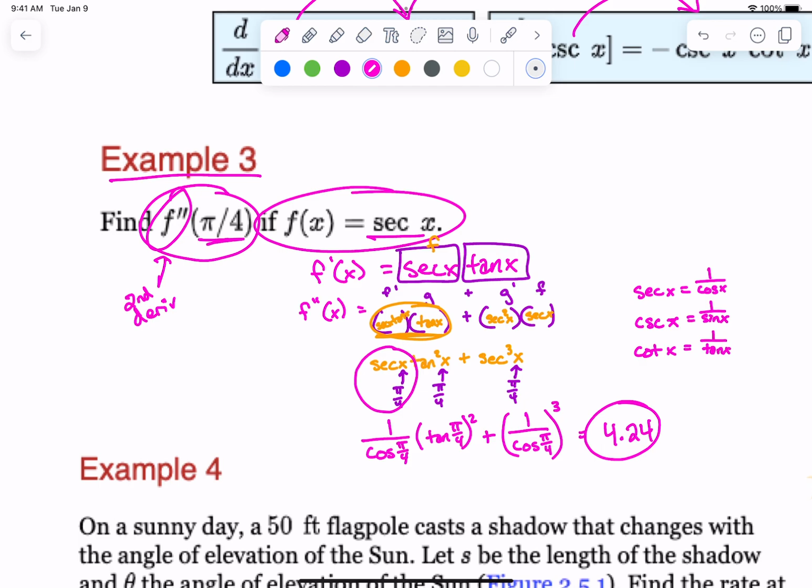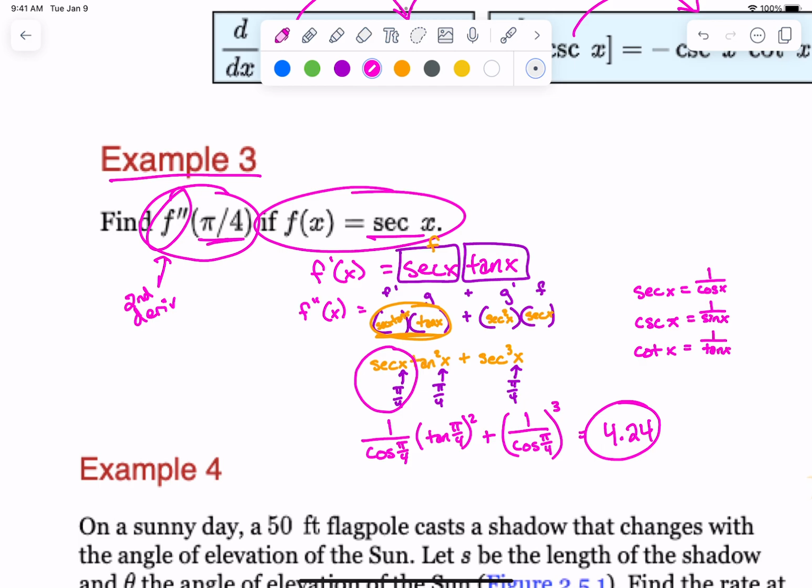I'm so tired. I'm confused on what I even got. Okay, that's what I got, plus 1 over cosine. Wait, the first one's not squared though, is it? No, it's not. Pi over 4, to the third power.